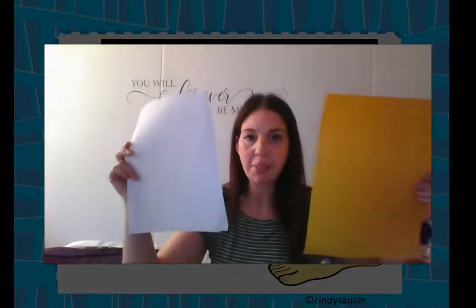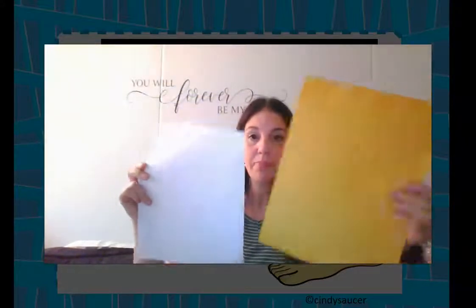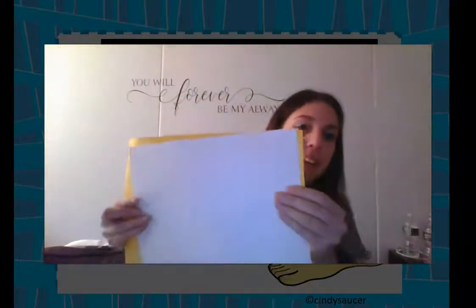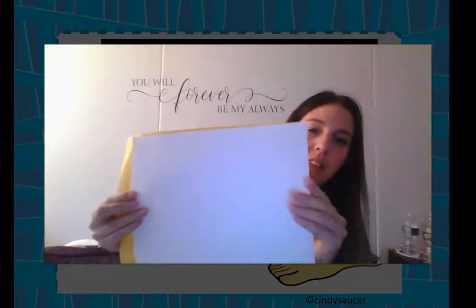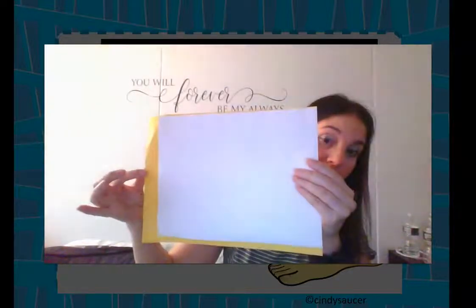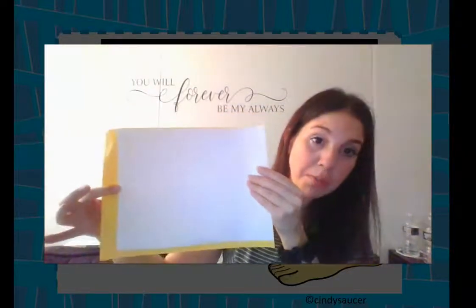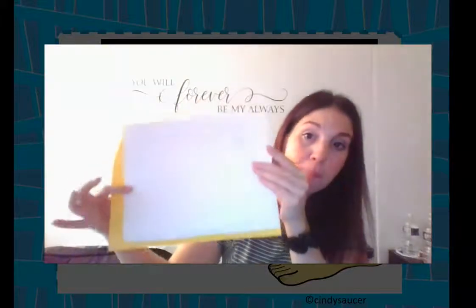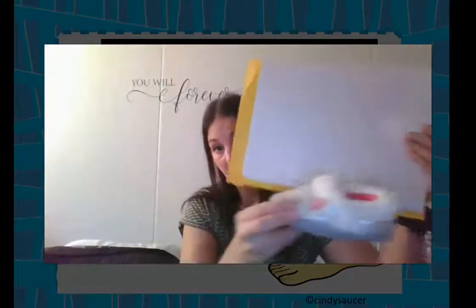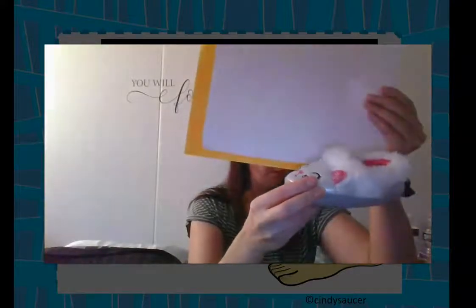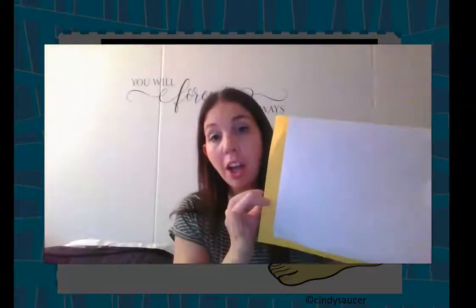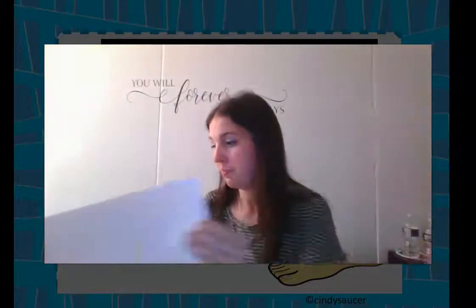Can you tell just by looking at them like this? Not really. But what if we line it up at the end of the paper? Now can you see which one is longer? Yeah, the construction paper is longer. Both of these were longer than the shoe, if you remember. And the construction paper is longer than the white piece of paper.